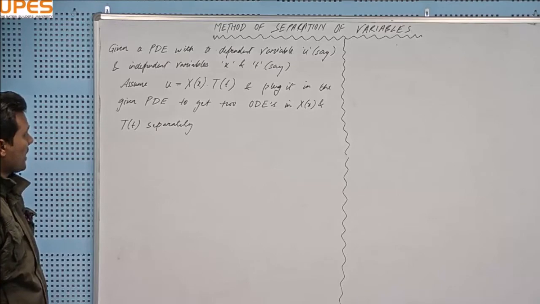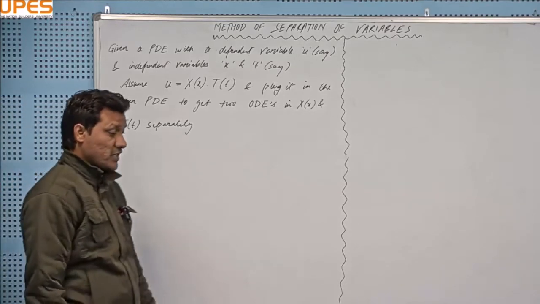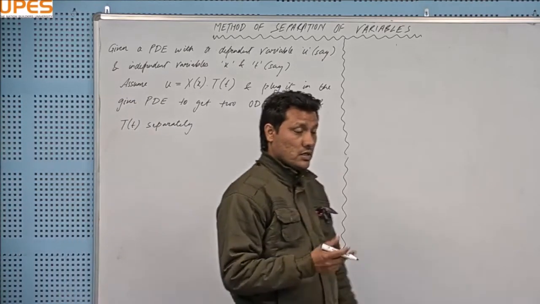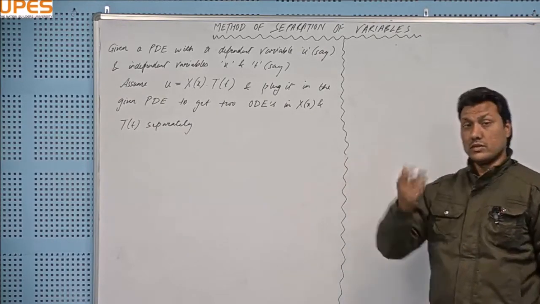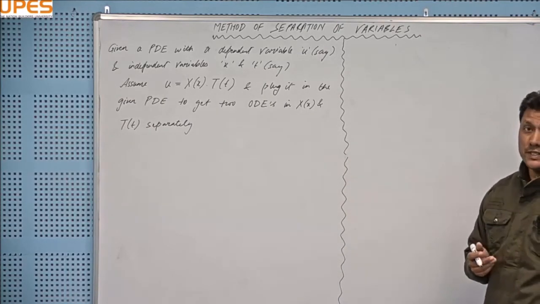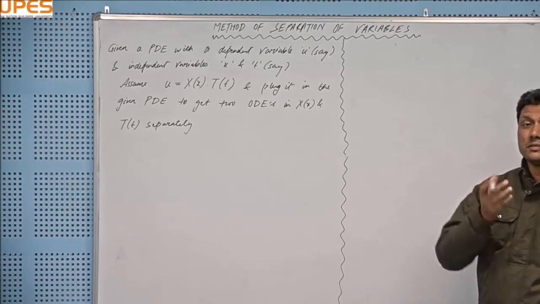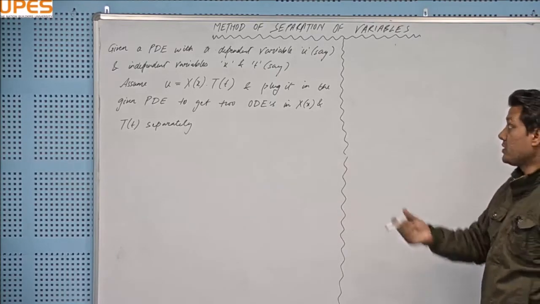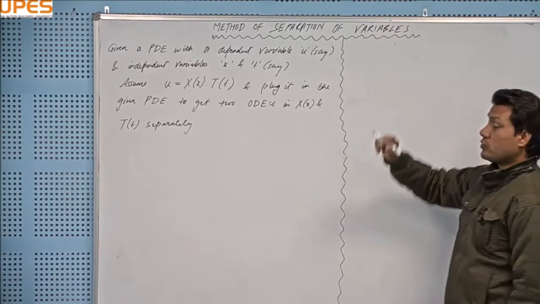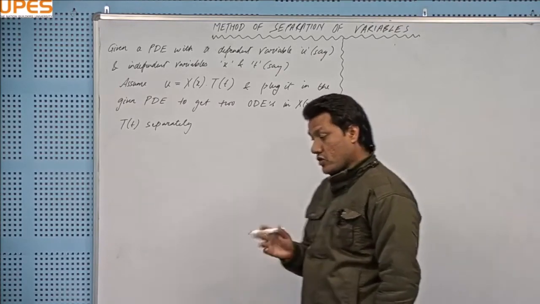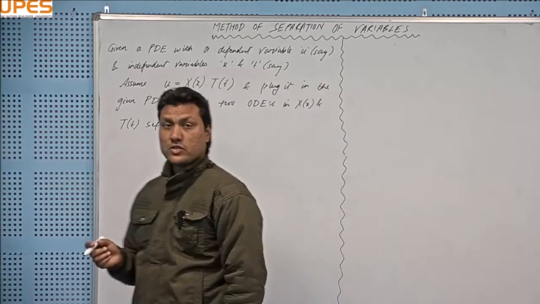Yeah, and there is one condition on the domain also. If you think of the PDE with a domain geometrically, whenever a PDE is given with a symmetric domain, a domain of a kind of this board, a rectangular domain, then this method works. For a non-symmetrical domain, this method doesn't work.